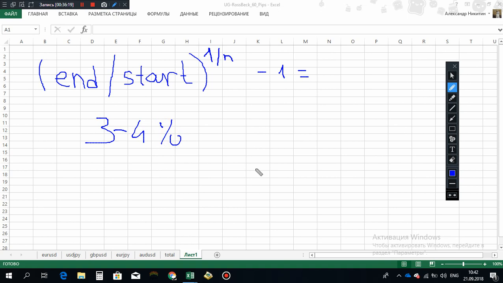It is enough to double your account every year. You see that? So we calculated that 5.9% every month is enough to double your account by the end of the year. Okay, so the formula is this. Hope you understood that.